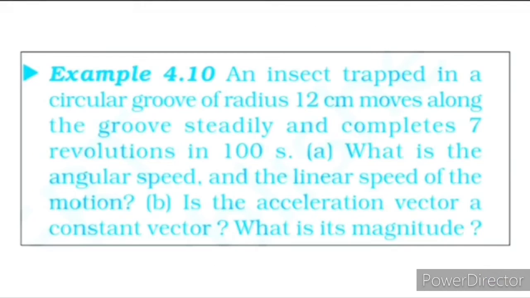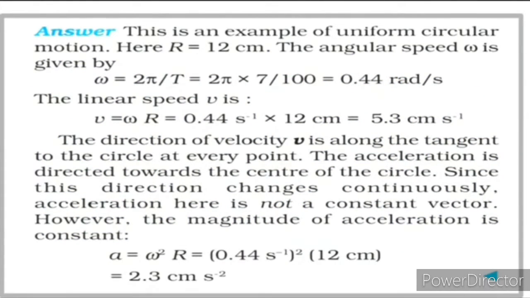Now the second question was, is the acceleration vector a constant vector? What is its magnitude? We already mentioned that the centripetal acceleration is acting towards the center of the circle along the radius. So always it is directed towards the center along the radius.